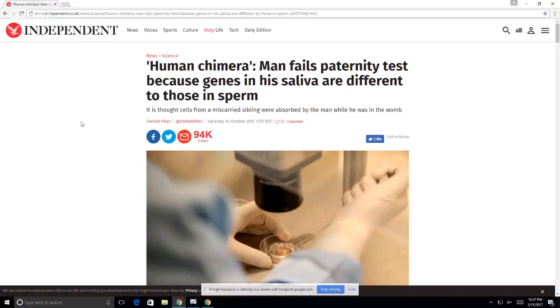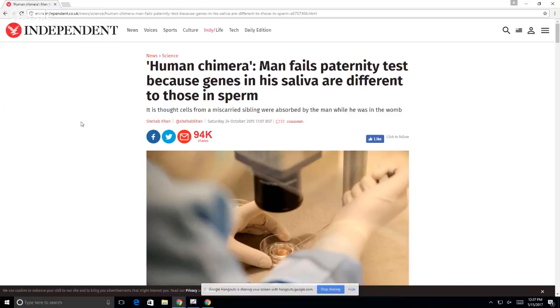When they tested the offspring, they found that the offspring was not the father's. When they did some more subsequent analysis, they discovered that the father was a chimera. His genes in his sperm were different than the genes found in his saliva. So where one part of his body starts and where one stops, we don't know, right?